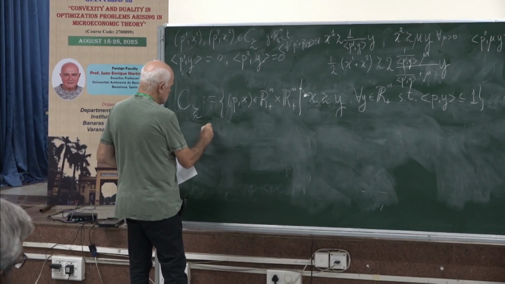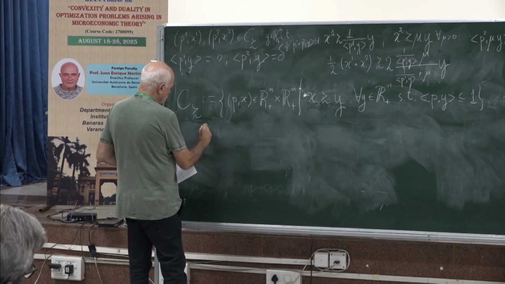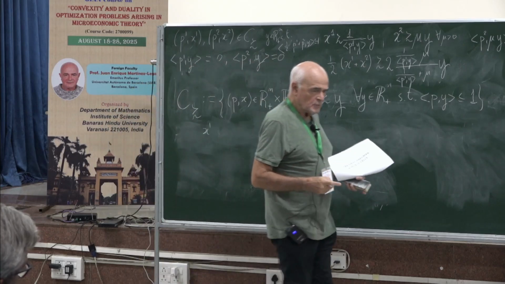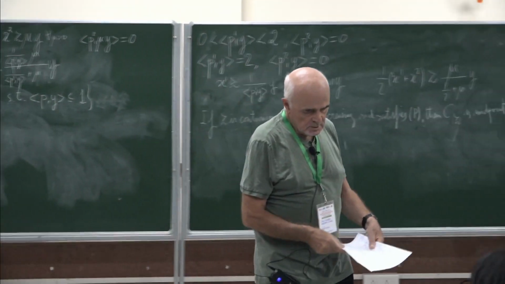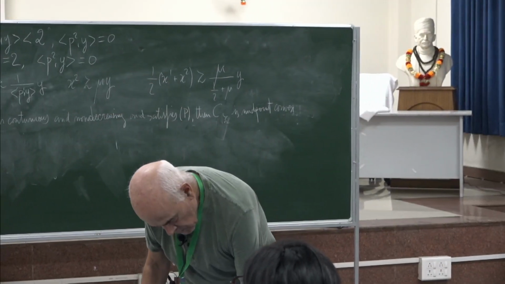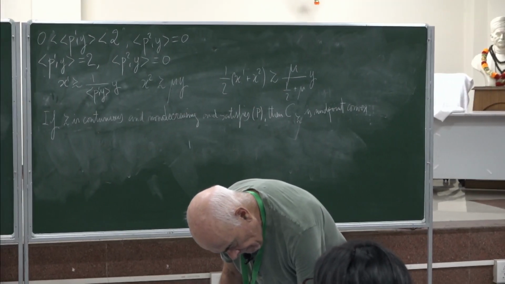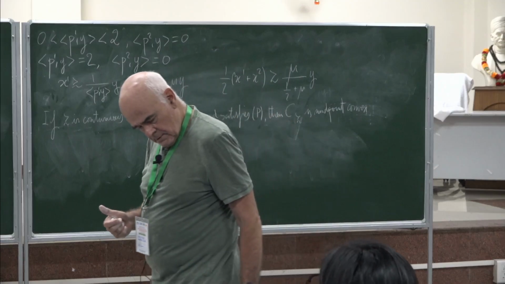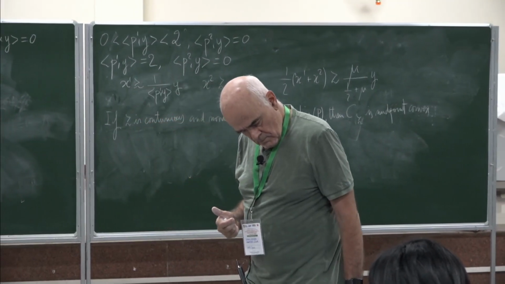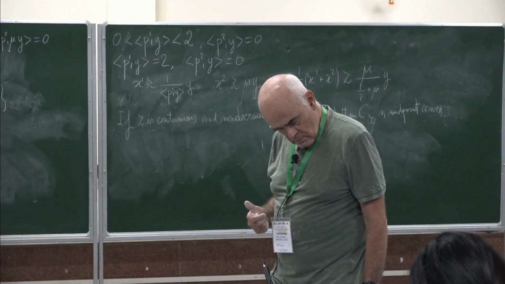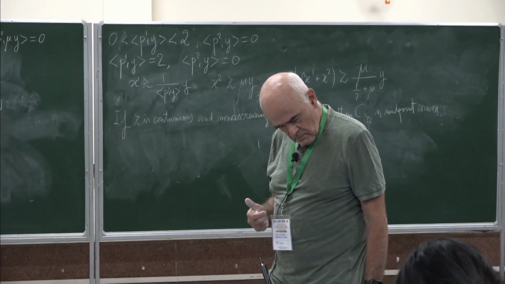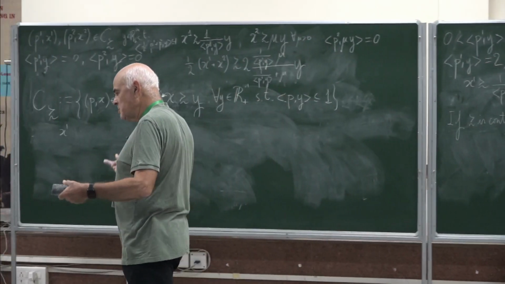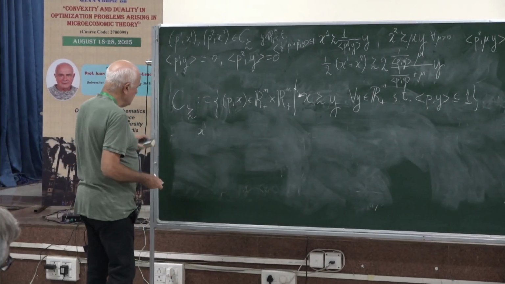Then x1, let me see if it is, I want to check if what it's easier than what I wanted to do. Yeah, it's much easier. I was going to play with lambda and mu arbitrary, but there is no need.